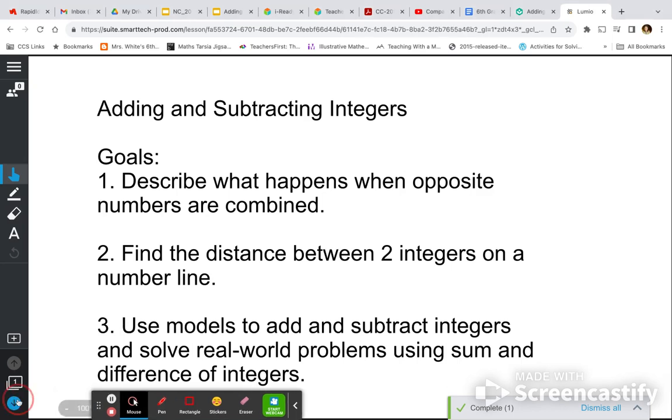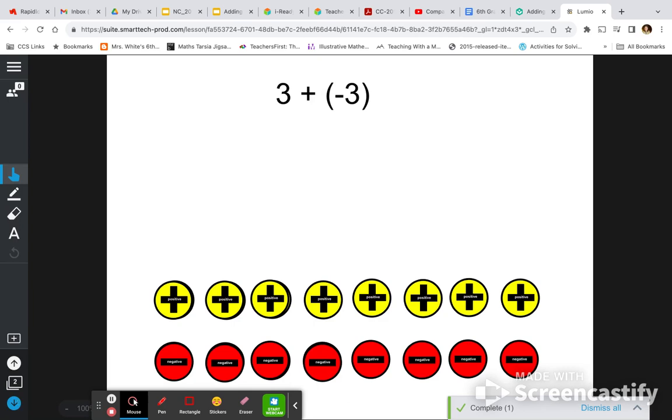Okay, so you may come across a problem that looks like this, 3 plus -3. One way that you can solve this, you can, of course, use a number line, but another way is to use these yellow and red counters, if you have those.